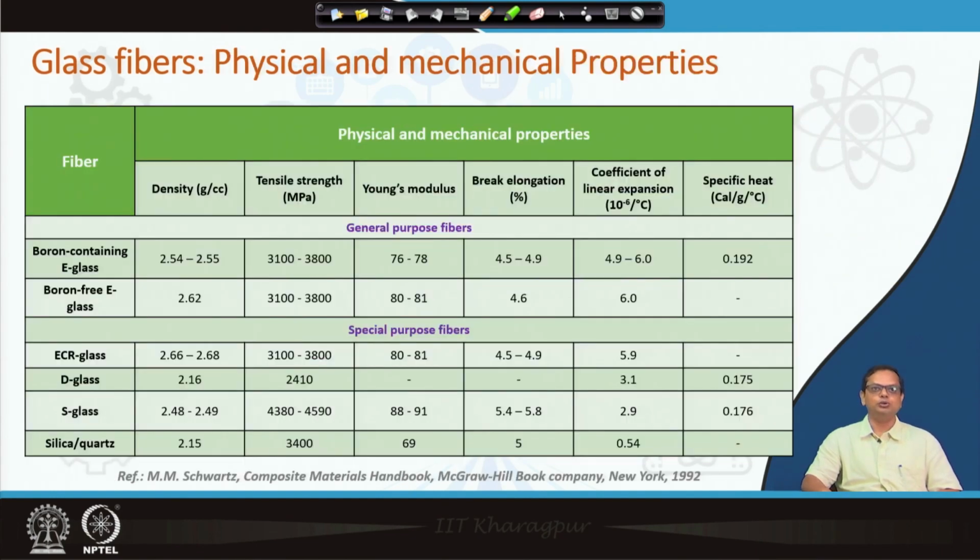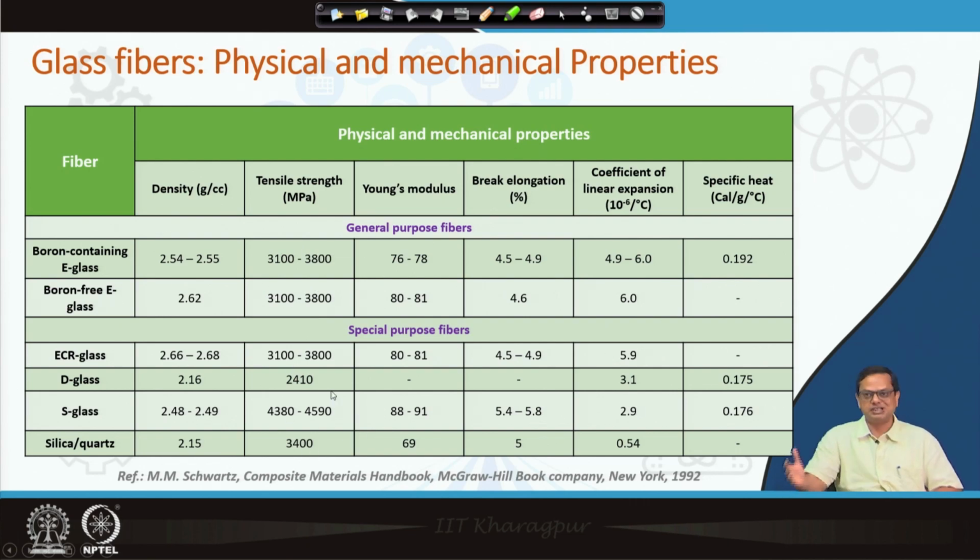All right. If you look at the different physical and mechanical properties, you can see that the glass fiber's density is not that high, in the range of 2.5 to 2.7, so we can say 2.7 gram per cc. With that, the tensile strength attained is in the range of 3 to 3.8, and even in some cases 4.8.